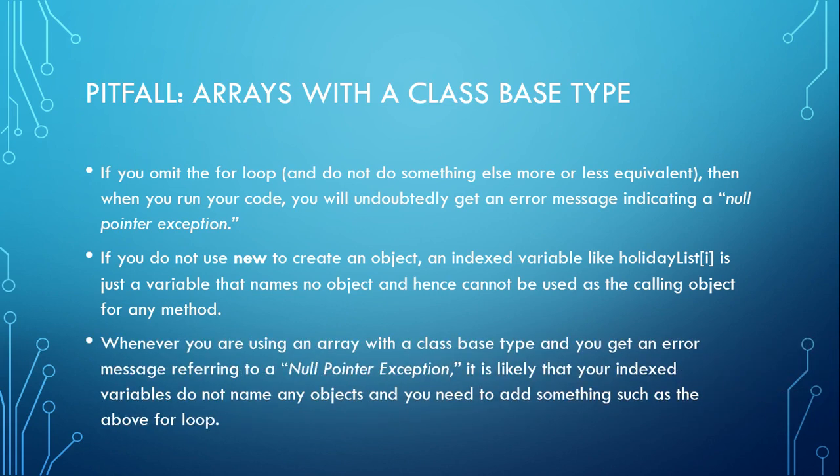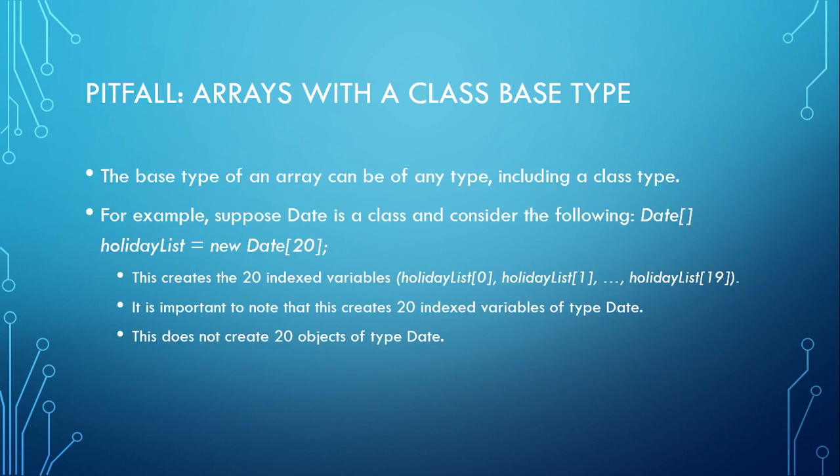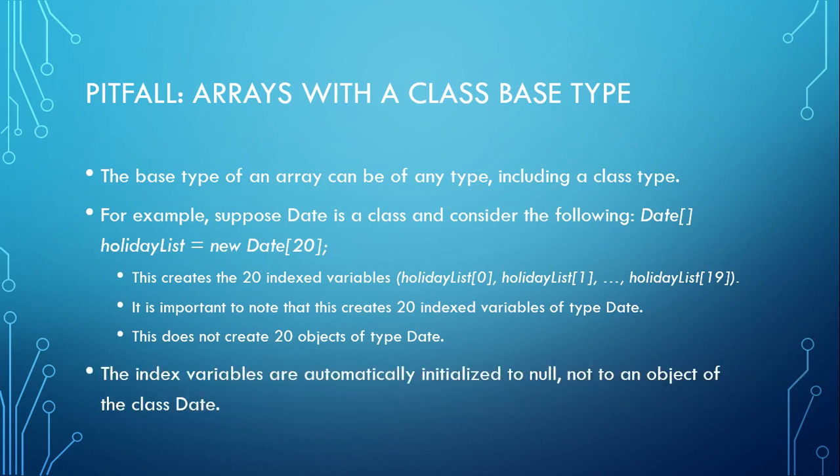Whenever you're using an array with a class base type and you get an error message referring to a null pointer exception, it's likely that your index variables do not name any objects and you'll need something such as the above for loop added into your code. Because like I said, if you look back at our original code, new Date[20] is just creating the index variables.